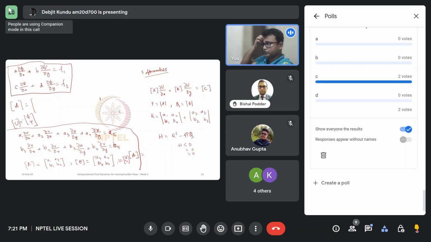A1, dou U dou x. So here instead of U we have phi. So dou phi dou x is over here and its component is A. So we will take that. Then A2 is component of dou v dou x. Do we have a dou v dou x here? So dou psi dou x, if it was present there, it would have been there, but it's not there, so it could be 0. Similarly, b1 of dou u dou x, or in our case dou phi dou x in the second equation.